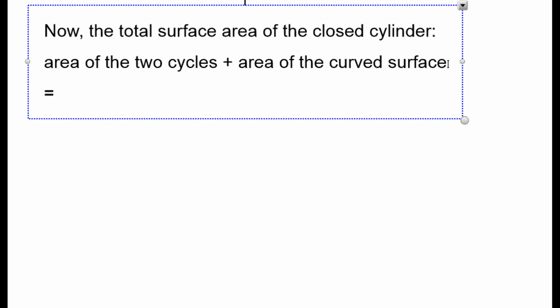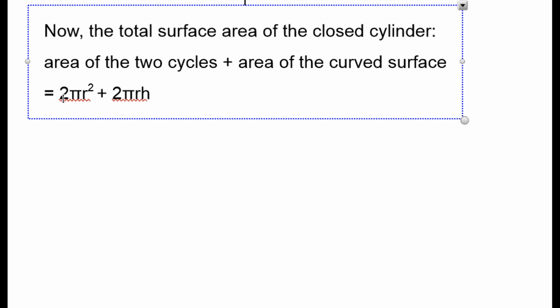This will be equal to 2 pi r square plus 2 pi r times the height. So this formula is the total surface area of a cylinder. Now this cylinder is a cylinder that is closed in both ends, just like your pick-nick can.